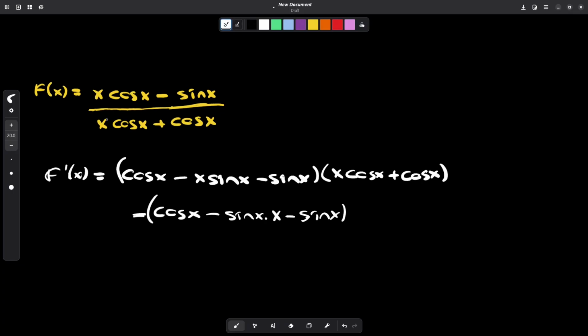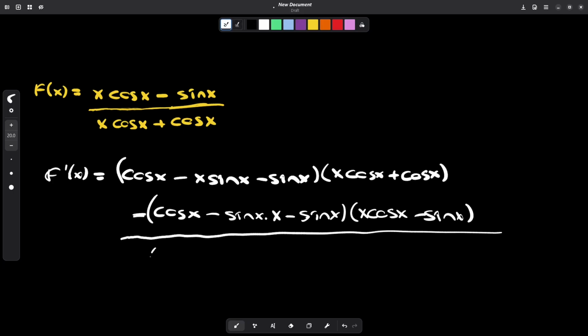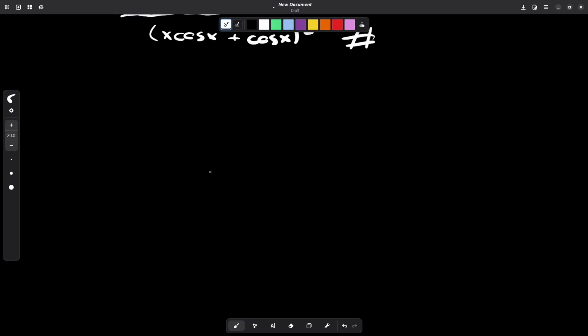We differentiated this term, now we differentiated this term, multiplied with the numerator x cosine x minus sine x. This is over x cosine x plus cosine x squared. Of course, I'm not gonna go into any algebra other than this.